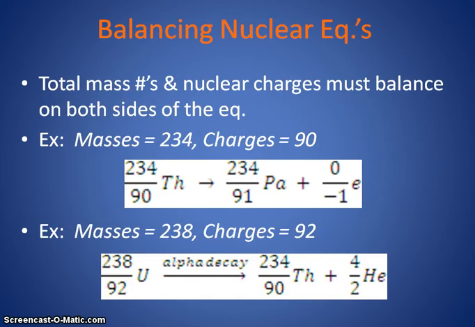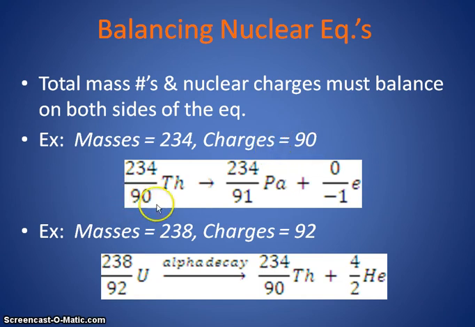To balance nuclear equations, we need to make sure that the total mass numbers and the nuclear charges balance out on both sides of our equation. So in this example here, our masses have to be 234 because that's what we're starting with, thorium here. So our masses on this side have to be 234, which it is, and then the charges have to balance out to 90.